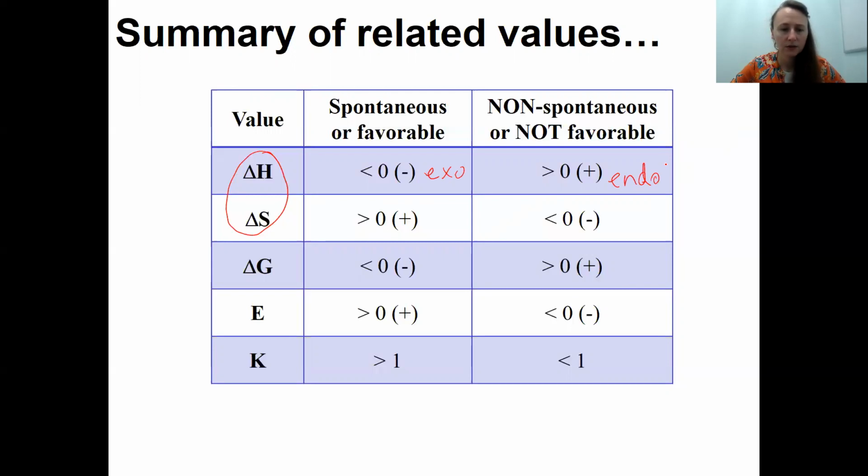And in terms of equilibrium, a value larger than 1 favors the products, so it's spontaneous in the forward direction. K cannot be negative, but a small value less than 1 means that the reactants are favored, so it's a non-spontaneous reaction.